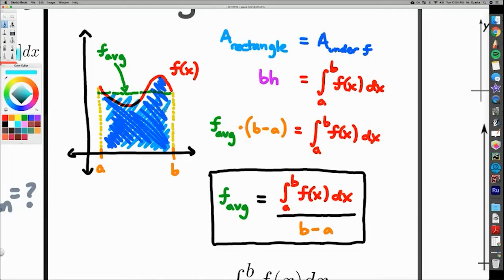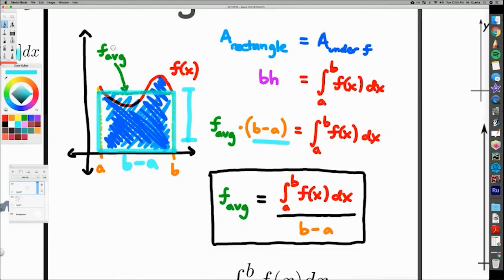So right here we have the average value and it forms a rectangle. Let me try to draw this a little bit better. The area of the rectangle would be here, here, and here. The distance on the bottom is just going to be b minus a. So that's the width. The height is whatever the average value is.